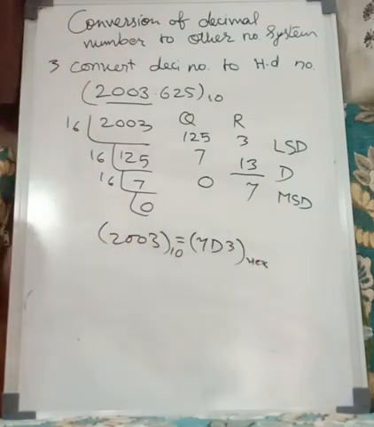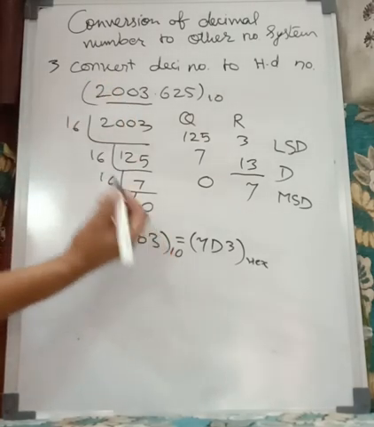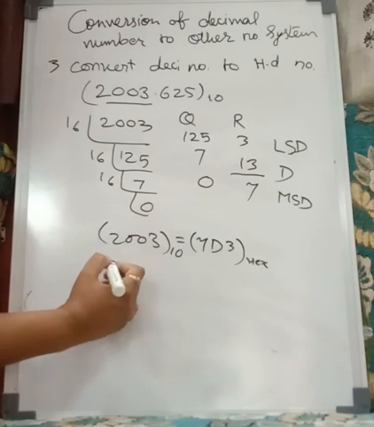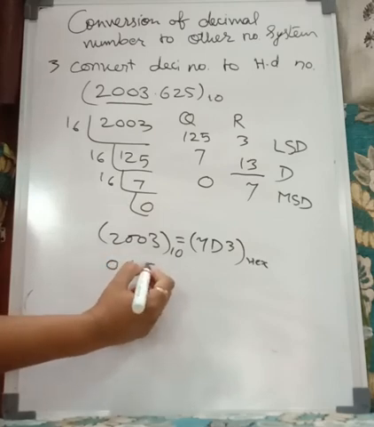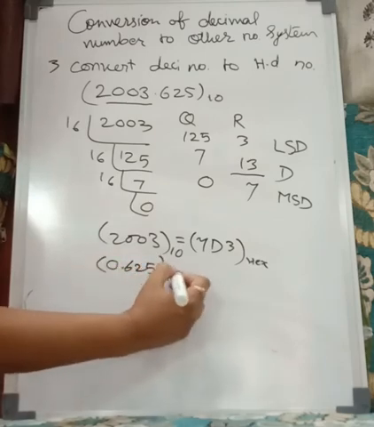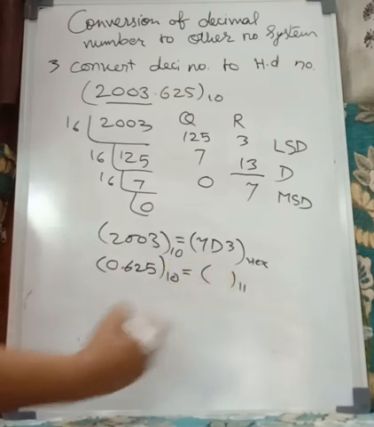Okay, so for the fractional part, we have 0.625. This is a decimal number and we need to convert it into hexadecimal.